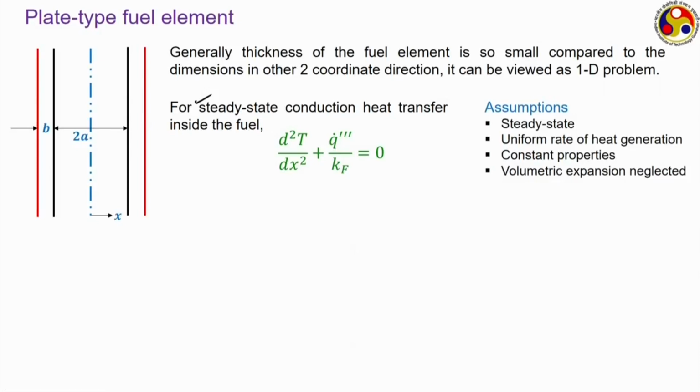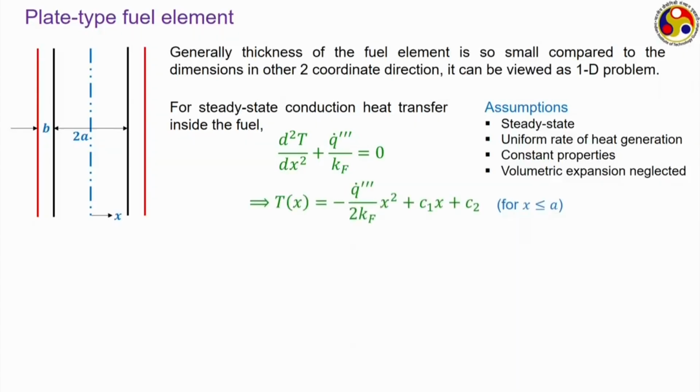Now, truly speaking, that is not true, and in the next lecture we shall be relaxing this assumption, but here as a simplified case, let us consider that the rate of fission heat generation is uniform throughout the entire reactor. We are also considering the properties to be constant, properties like the thermal conductivity of the fuel and also of the cladding. That is why it has come out of the differential, and also we are neglecting any kind of volumetric expansion that may appear because of the change in temperature and any such similar effects.